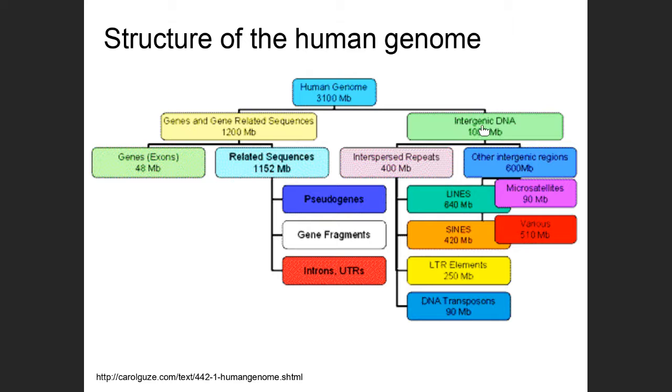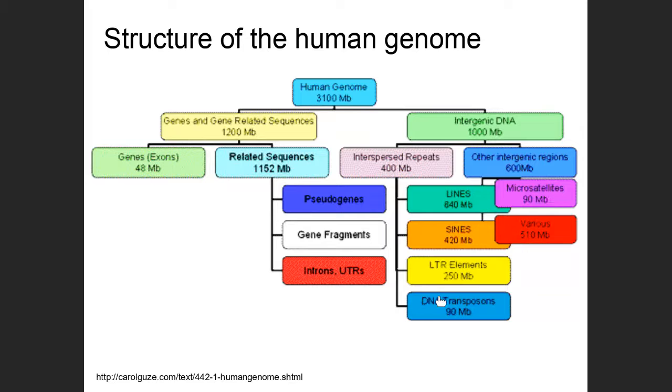And then there's a bunch of intergenic DNA. These interspersed repeats, so these guys, I'm going to talk about these guys. They are repetitive sequences. And this we talked about, I called them SSRs, but they can also be called microsatellites.